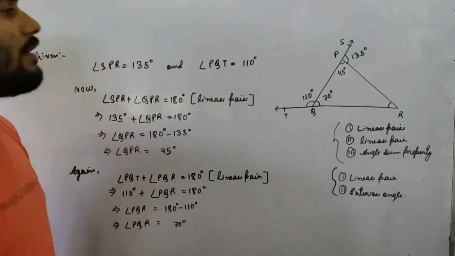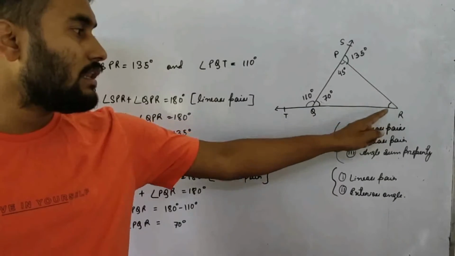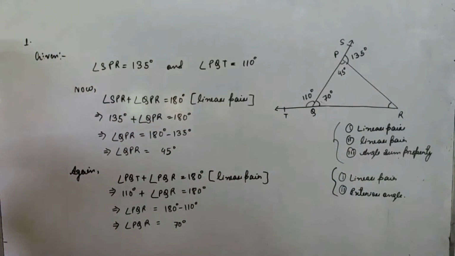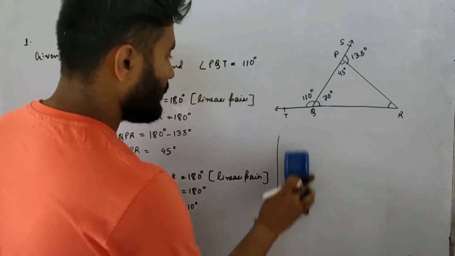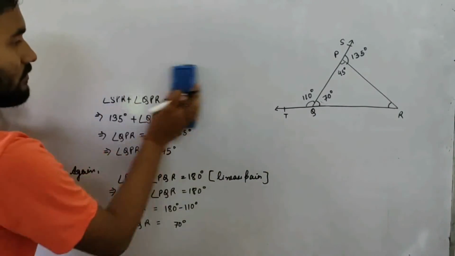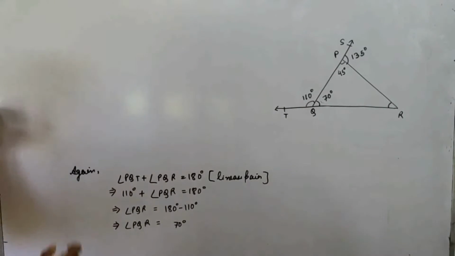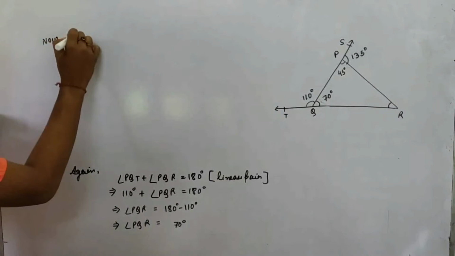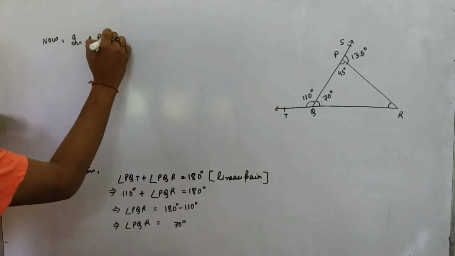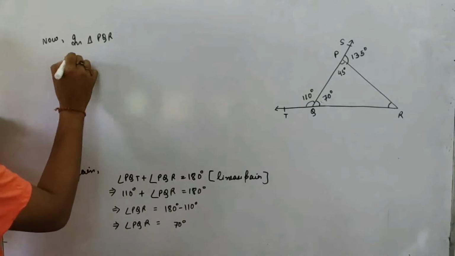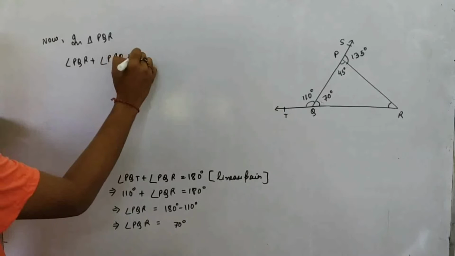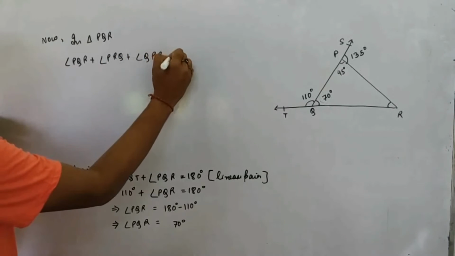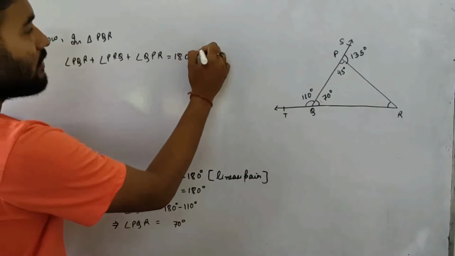So this angle also we have got, 70 degrees. So now by what method will we find this angle? By angle sum property. Okay, by angle sum property. So how? Simply if I write now, in triangle PQR, add all the three angles: angle PQR plus angle PRQ plus angle QPR will be equal to 180 degrees, isn't it?